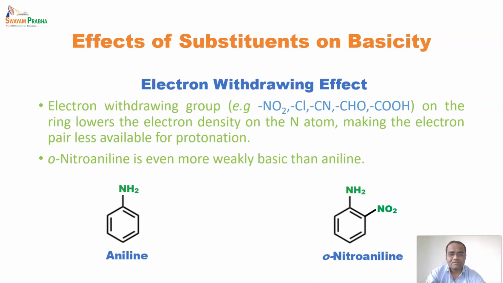For a compound to be more basic, it should have a negative charge, and once the electrons are abstracted by a substituent, the negative charge on the aniline decreases, and due to which its basic character decreases.